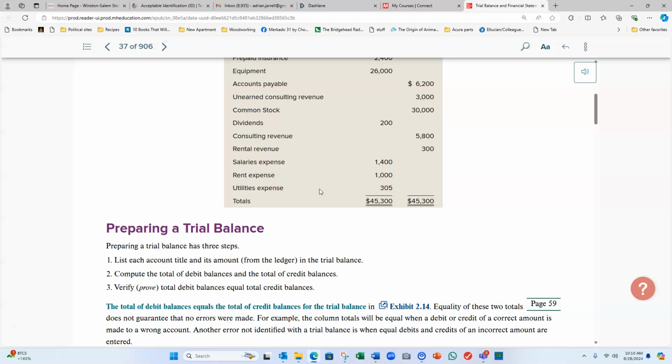The other thing is, if you check your difference, if you subtract these two numbers and they're not the same, and the answer is divisible by 9, that is often an indication that you have transposed a number.